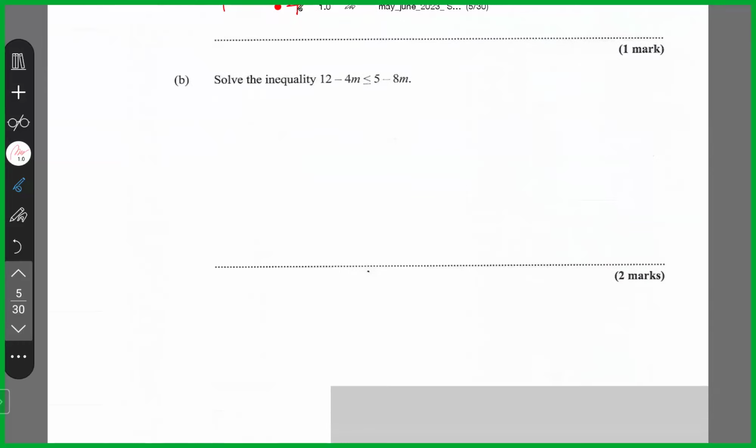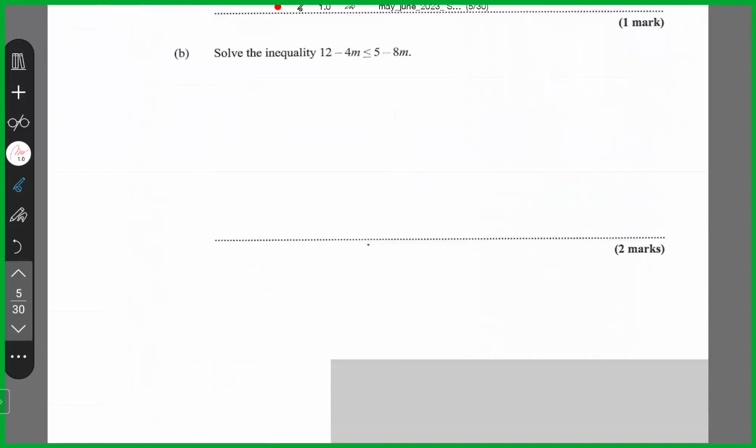B is asking us to solve the inequality 12 minus 4m is less than or equal to 5 minus 8m.